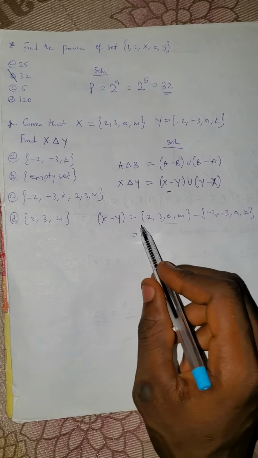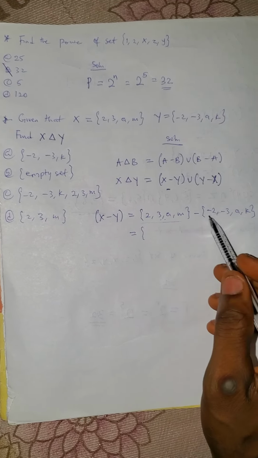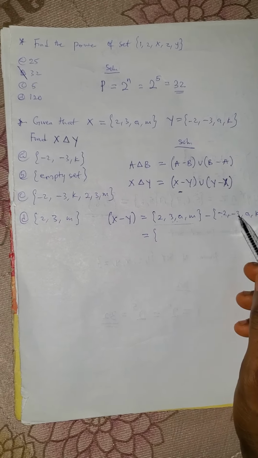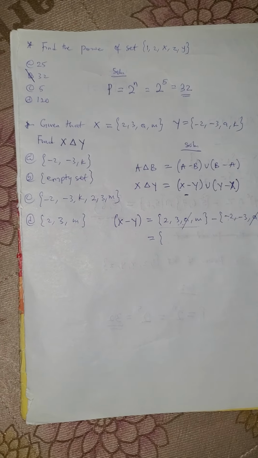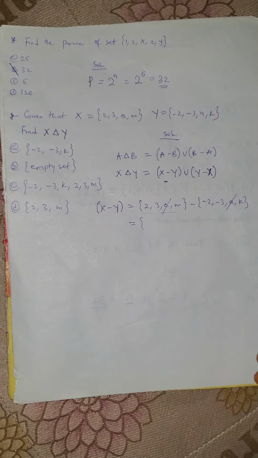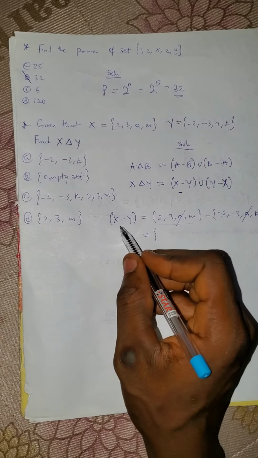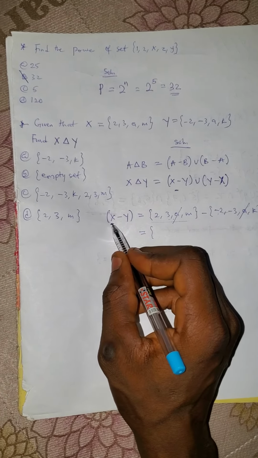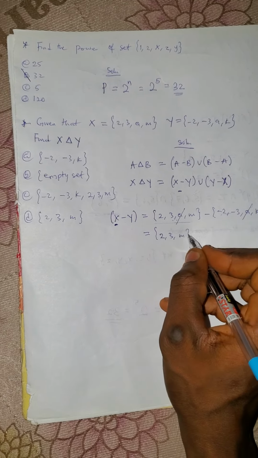The remaining elements in x will be the answer. Checking what they have in common: 2 is here, -2 is not here. 3 is here, -3 is not here. We have a here, a is also here. There's k, there's no k here. So x minus y will be the remaining values in x, and that's {2, 3, m}.